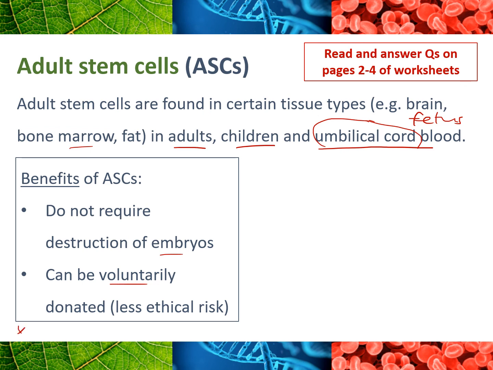Another benefit, which I haven't written here, but it goes through in some of your worksheets, is that if a person has their own, let's say for example, I had burns to my left arm and the deeper skin cells on that side were destroyed, they could take the stem cells from my right arm and put them onto my left arm, and because I would be donating it to myself, there is less or no risk of tissue rejection, which can happen if, for example, someone's blood types don't match.